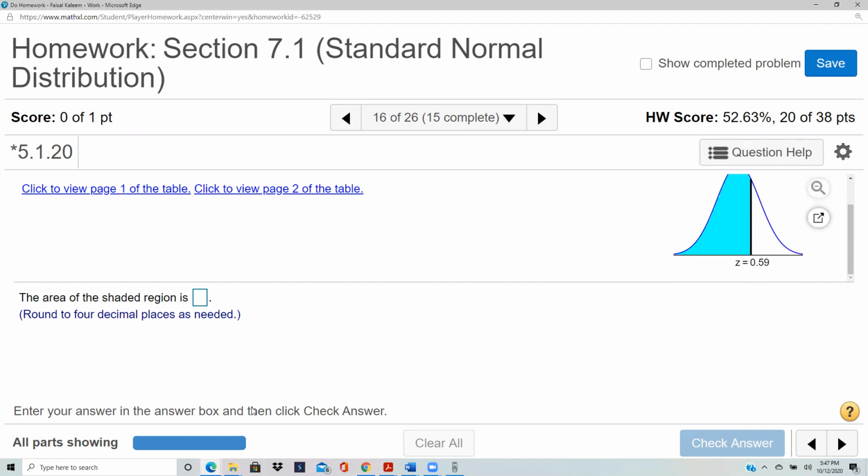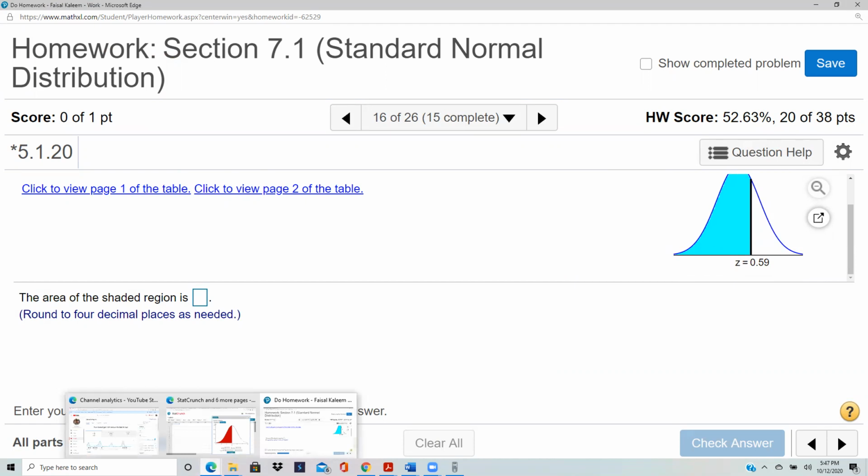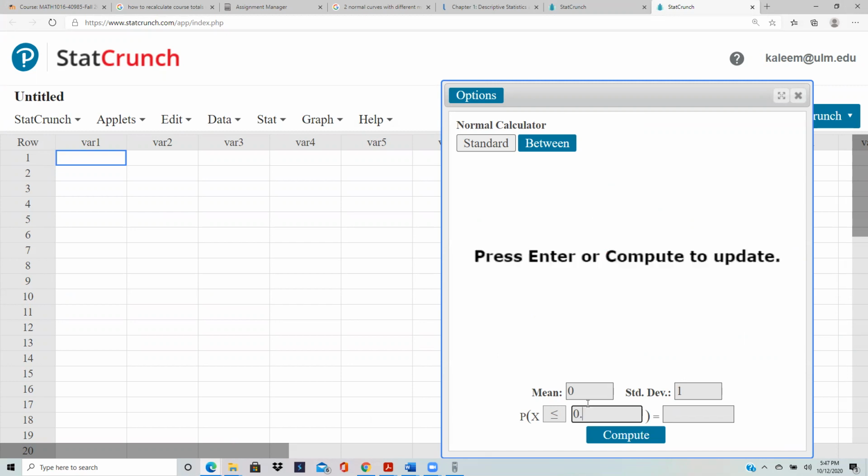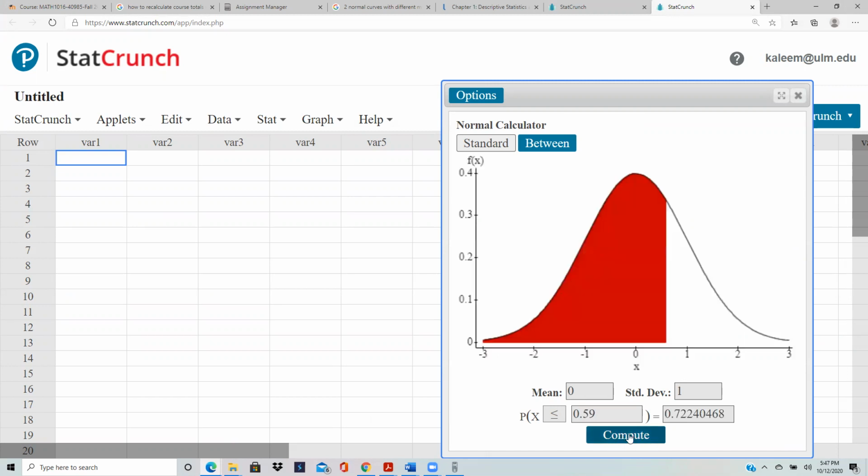So when the mean is 0 and the standard deviation is 1, this x can be read as a z. And we want area to the left, which means less than 0.59. And this last box is the area box, the probability box. So it's 0.7224.